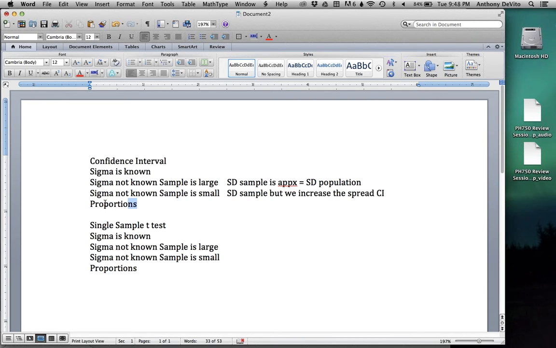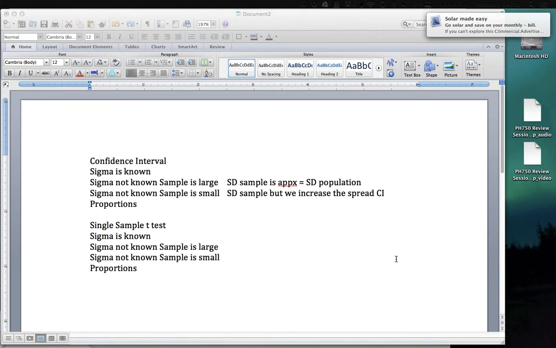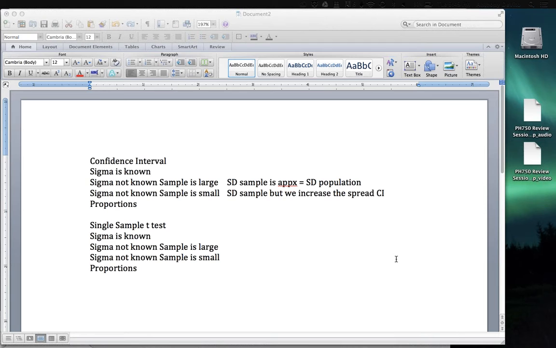So we have proportions as well. Anybody want to guess as to whether we use the z-score or the t-score for proportions? One of the assumptions that we talked about in the PowerPoints about calculating, we use the z-score. Anybody know why? Excellent, Lucia. Anybody know why we use the z-score instead of using the t-distribution?